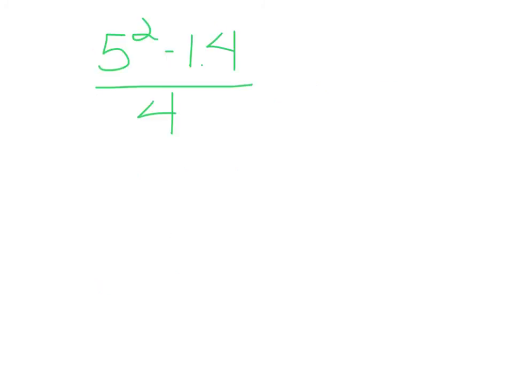Okay, let's take a look at our last example. We have 5 squared minus 1.4 over 4. So we're going to start using our order of operations. We can't jump right in to doing this fraction because we don't know what each of these parts equals. So we have to break it down and get it into a simple number that we can divide first. So we're going to start here with our exponent.